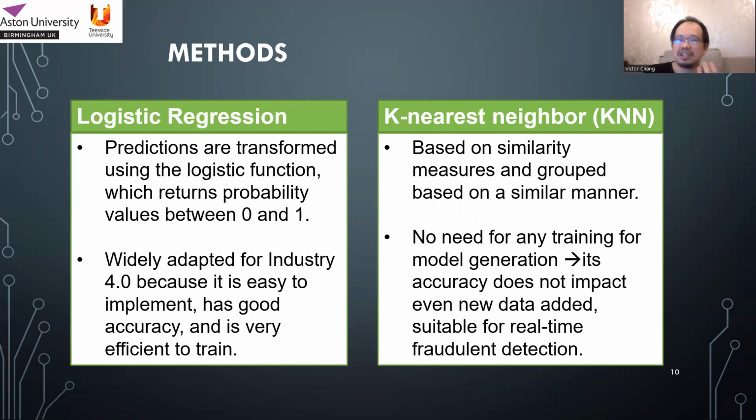And k-nearest neighbor is based on similarity measures and groups things in a similar manner. When certain things behave a certain way, it groups them together. There's no need for training for model generation, its accuracy is not affected by new data, and therefore it is suitable for real-time fraud detection.